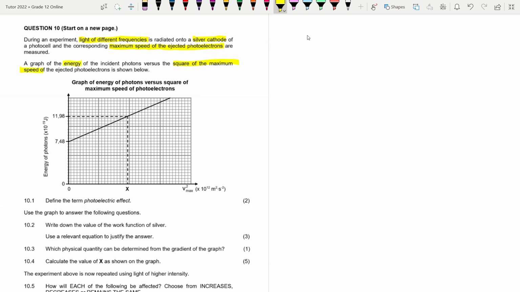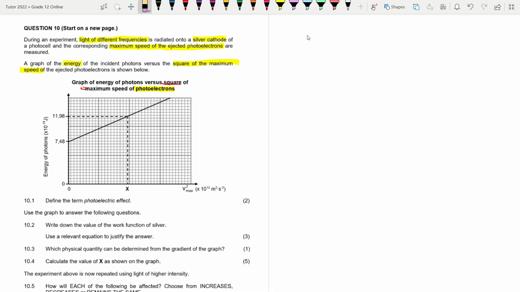Okay, thank you very much. So we have a graph of energy of photons versus maximum speed of photoelectrons. This is the square of the maximum speed, not just maximum speed. Oh, they did write it there.